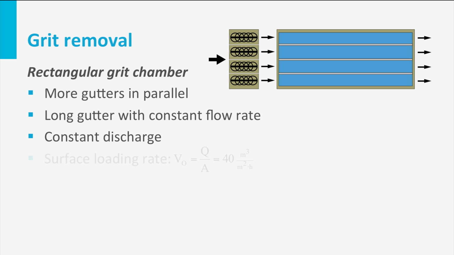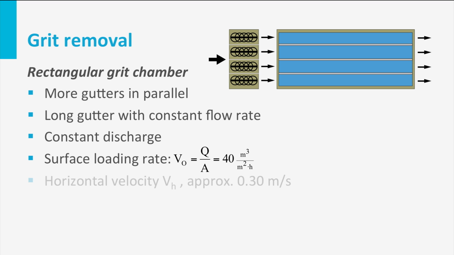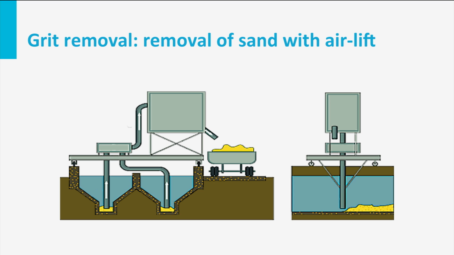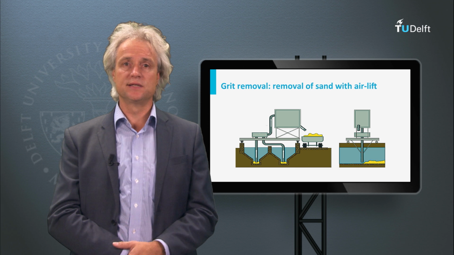The maximum hydraulic surface load is 40 meters per hour, whereas the horizontal velocity or scouring velocity is approximately 0.3 meters per second. The generally applied length-width ratio ranges between 10 to 1 and 15 to 1. The clean sand is generally collected in a mechanized way as indicated in this slide.